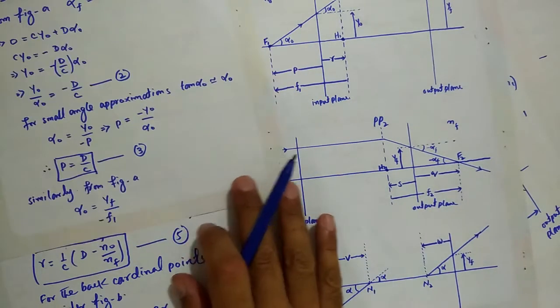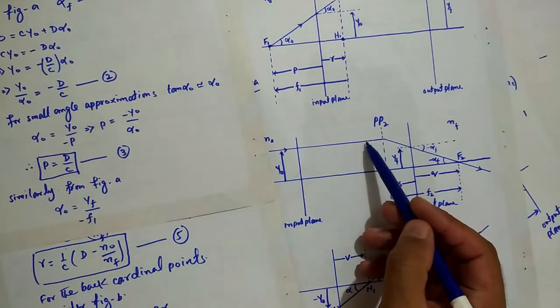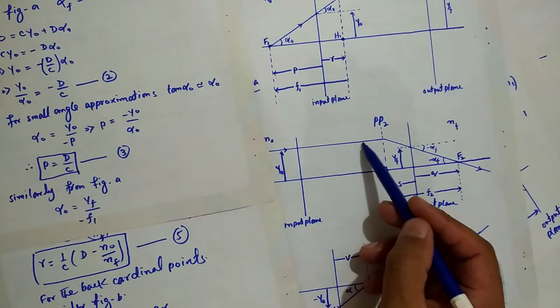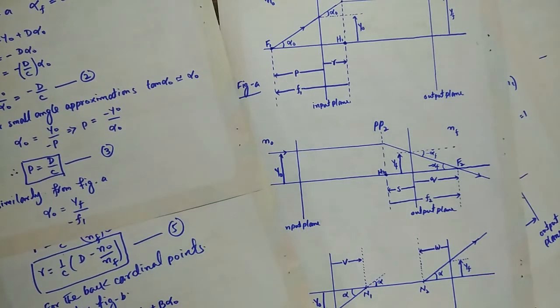Since I told you that alpha naught is 0, the angle of this ray with the optical axis is 0. Since alpha naught is equal to 0, so YF will be equal to A y naught, or YF over y naught will be equal to A.